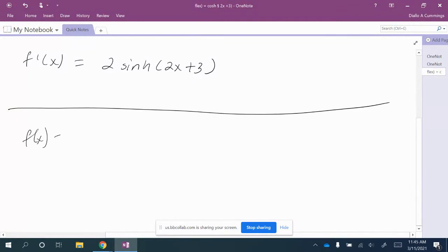So f of x is equal to the hyperbolic tangent of 5x plus 1, and that should be the first derivative.